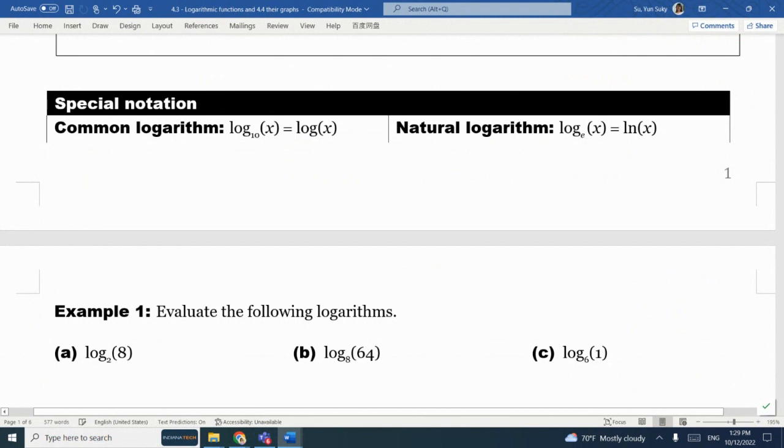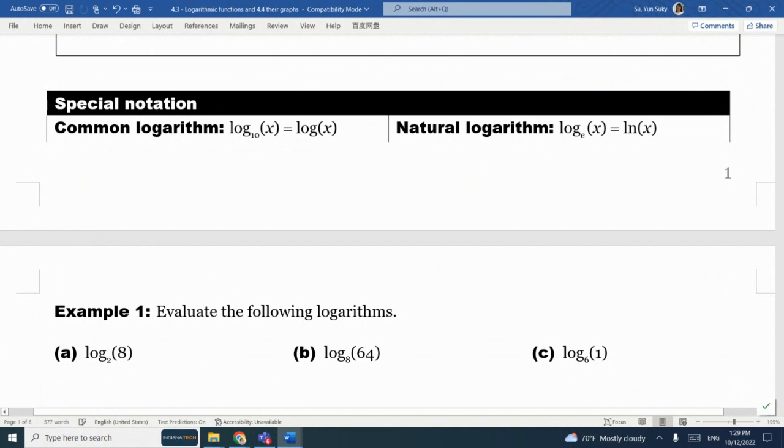If you don't see any base, we assume the base is 10. That's why on your calculator, do you see the buttons log and ln? Those are the log functions, base 10 and base e.